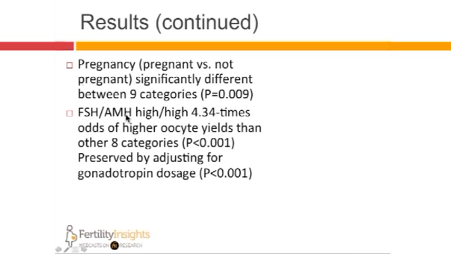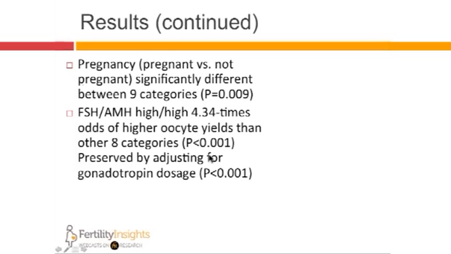These women who had the combination of an abnormally high FSH and an abnormally high AMH had over 4 times the odds of having better oocyte yields, in other words, higher egg numbers, than the other 8 categories.